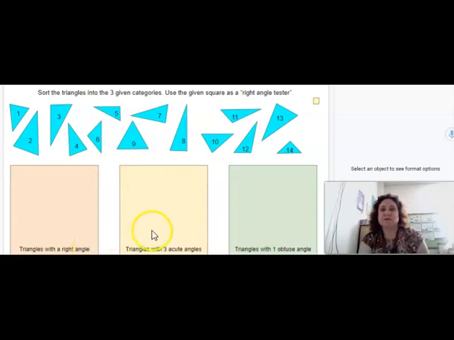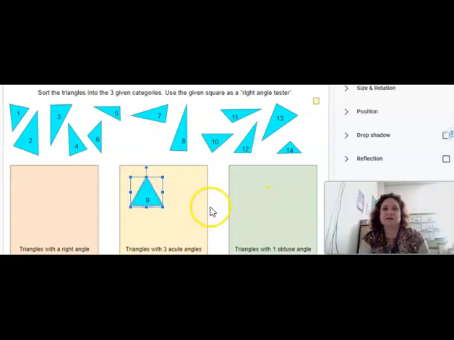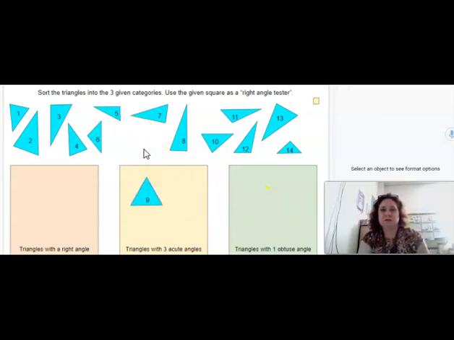This one in the middle is for acute triangles, and the last one is obtuse triangles.